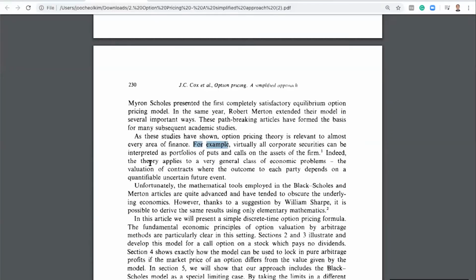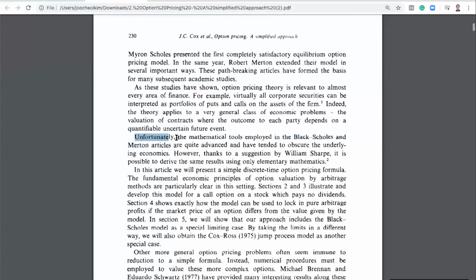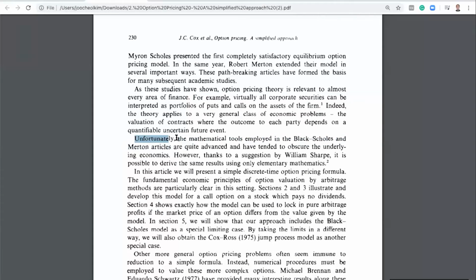So indeed, the theory applies to a very general class of economic problems. You can explain almost everything in finance. But the problem here, unfortunately, is that the mathematical tools employed in the Black-Scholes and Merton articles are quite advanced and have tended to obscure the underlying economics.